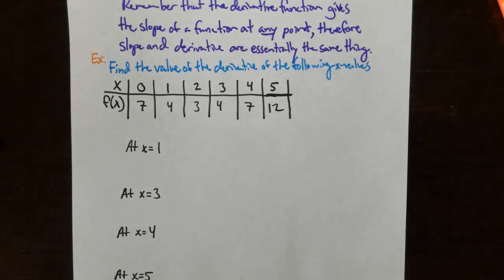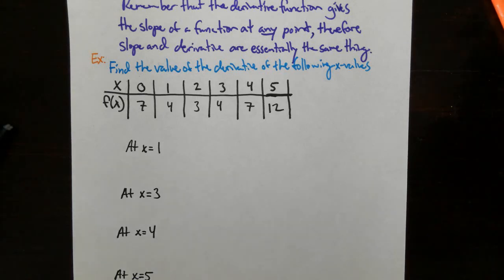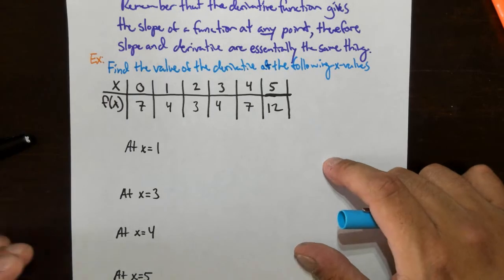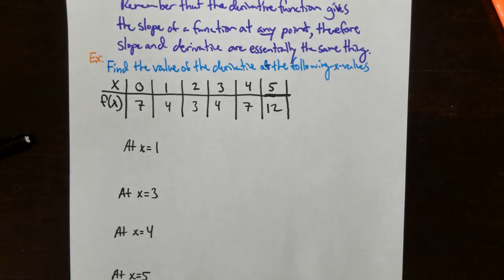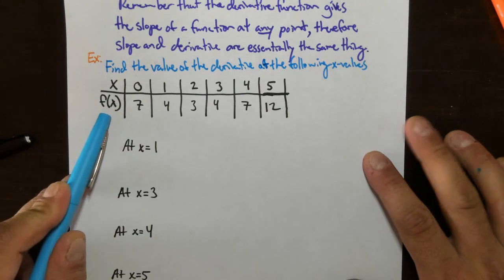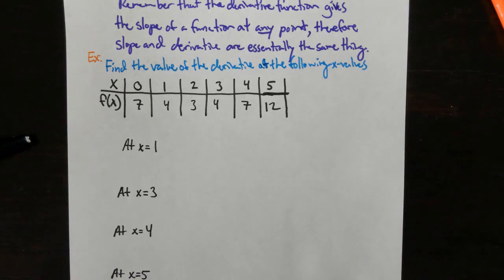So here it says, find the value of the derivative at the following x values. So here we're given a table, and it's a function f of x. We're given the x values, and we're given the corresponding f of x values, or y values. And I want to know what is the derivative at those points.